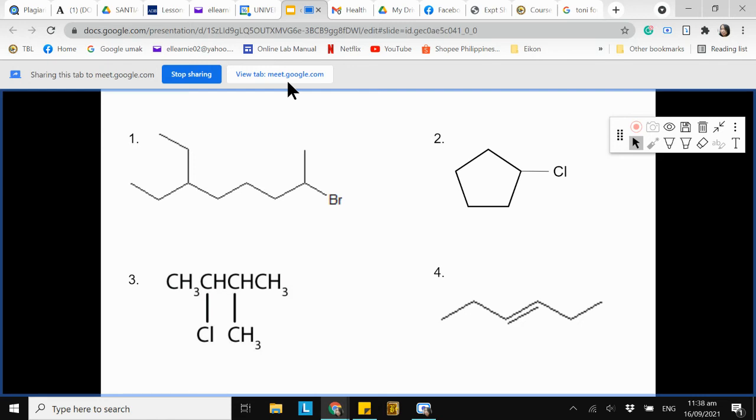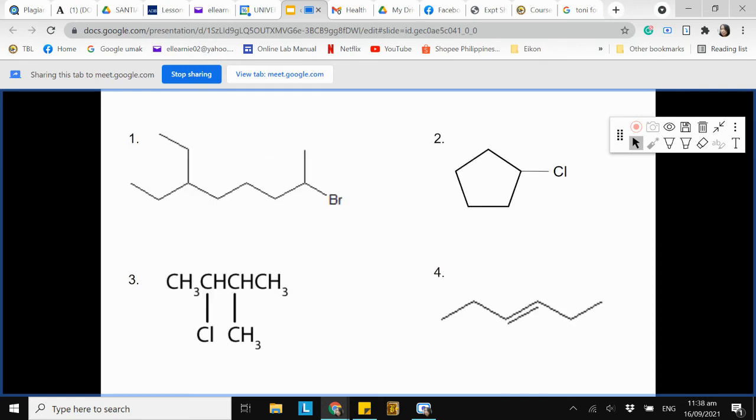Okay, so this time, let's talk about the first compound, si number 1. Ito po ay isang example ng skeleton formula wherein each side or each end contains a carbon. Ito hindi siya carbon, it ends with a bromine. So ito po yung start ng carbon mo. So carbon 1.